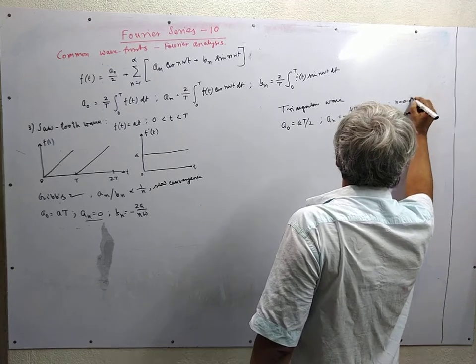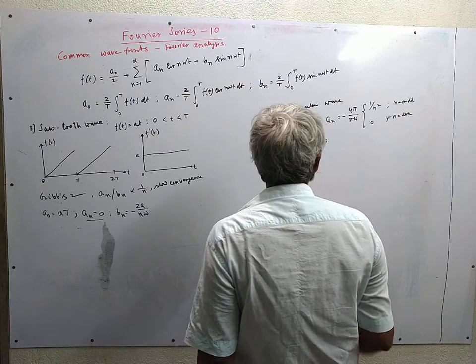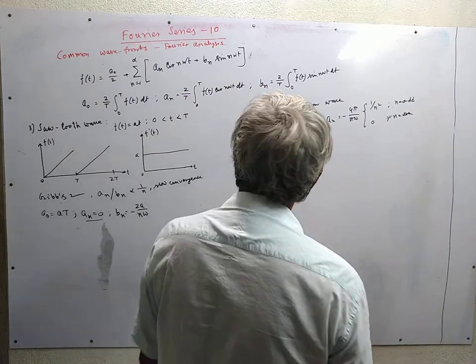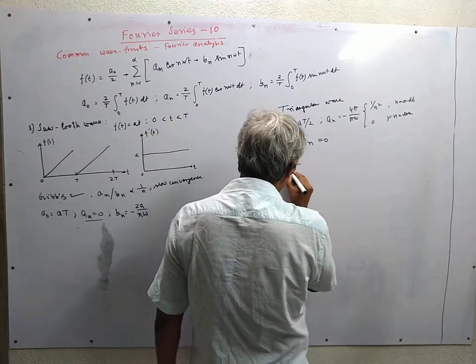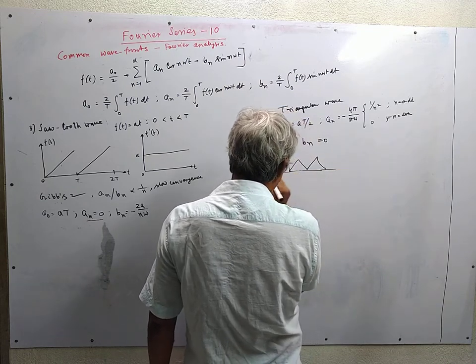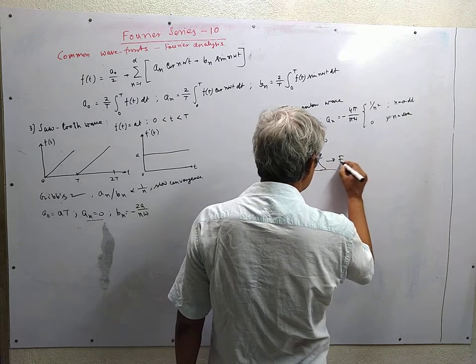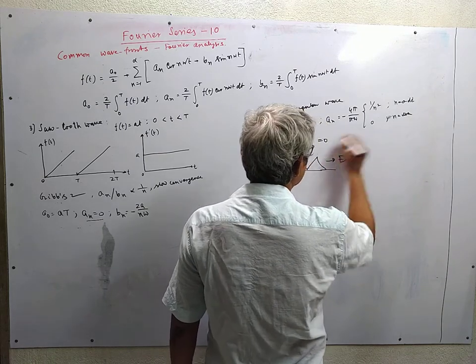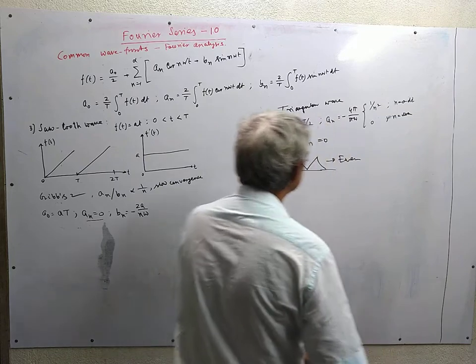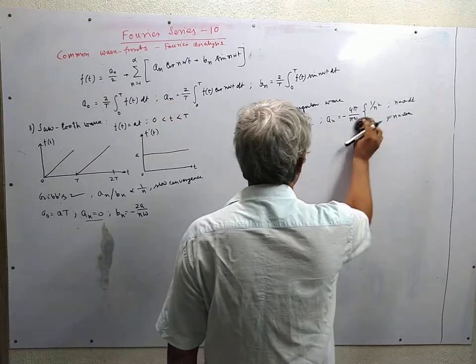That much I wrote, but I forgot to write that bn is equal to 0. This is because when we write the triangular wave and go to the negative side, it is an even function, so bn is 0. But here we cannot draw such a conclusion.